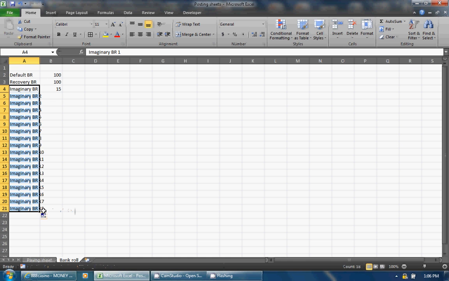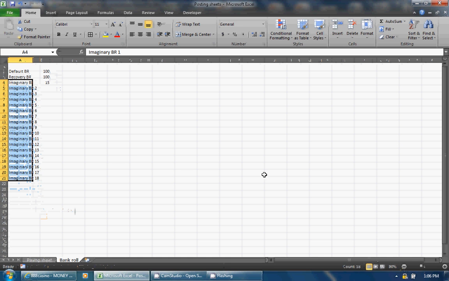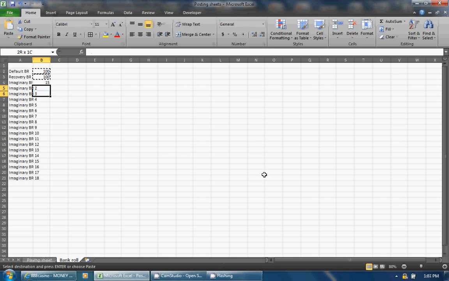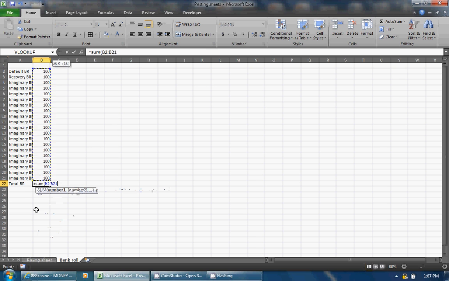All these imaginary bankrolls are going to carry equal weightage as your recovery bankroll. So my total bankroll based on this is going to be the sum of all of the above, which is going to be 2000 units.